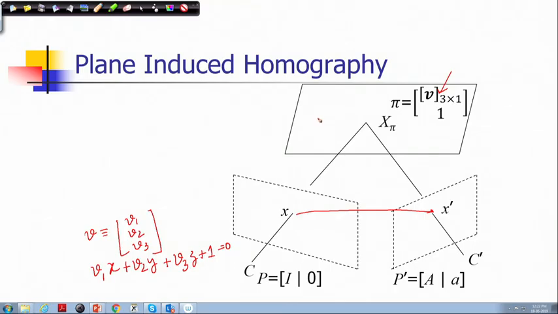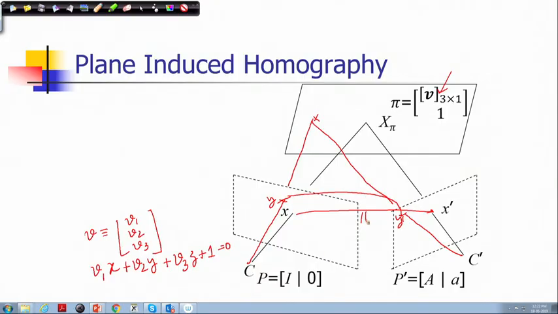You can take another point, for example, and also you can form its images, say this is y and this is y prime. So, this is the corresponding point.